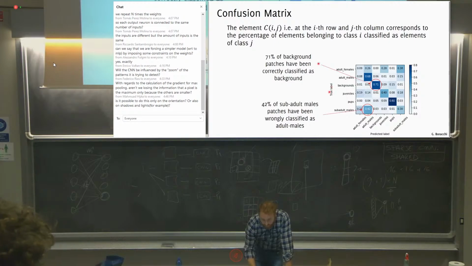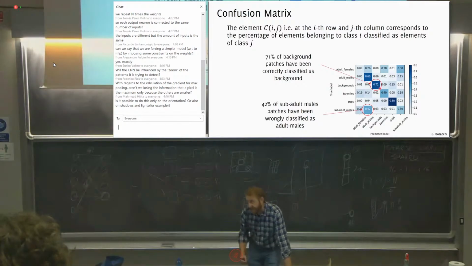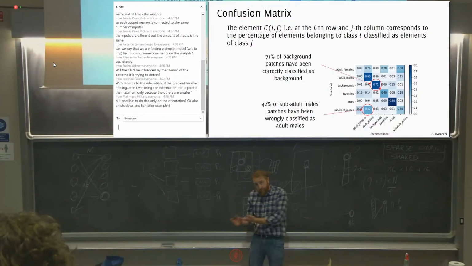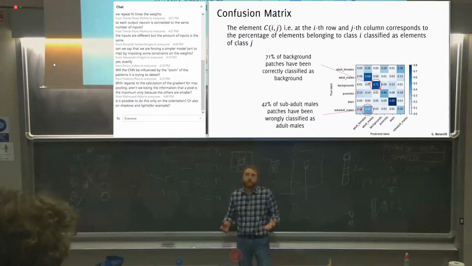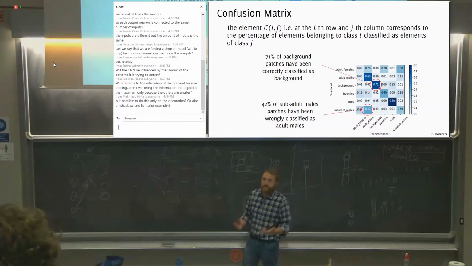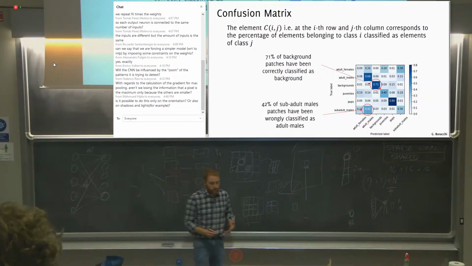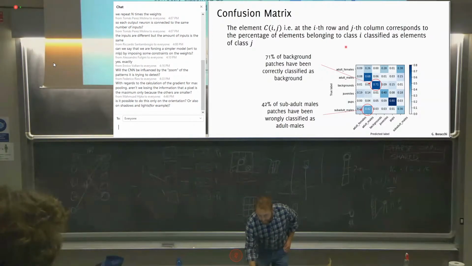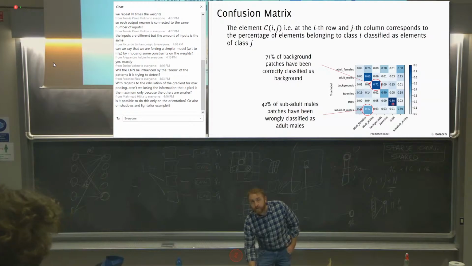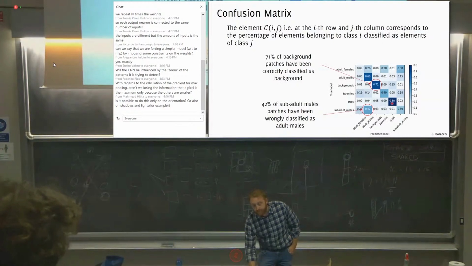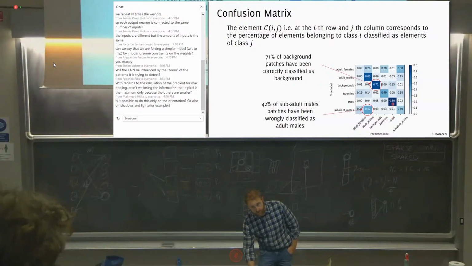One is the true label, the other is the predicted label. Over the diagonal, what you have is the accuracy over that class, or the recall, the percentage of images that were, in this case, pups: 80% of the pups were correctly classified as pups.